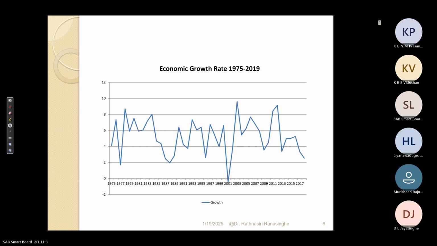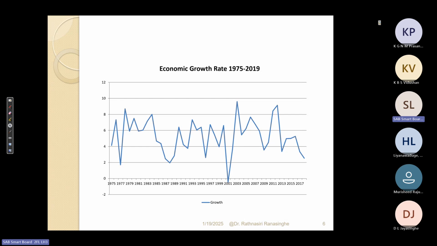For example, in the 1970s, what happened? The initial period of the 1970s was not a good period, because we had an inward-looking policy. But in the latter part, from 1977 onwards, we opened up the economy, with some kind of relaxation.